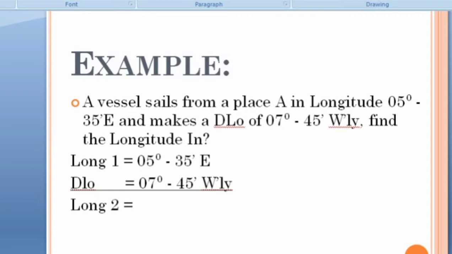Now, we are going to subtract this in order for us to determine what will be the longitude of arrival. Right? So, upon subtracting, we will have 2 degrees and 10 minutes. So, this is very easy since we are going just to subtract 45 to 35 and 7 to 5. So, that's why we have 2 degrees and 10 minutes.